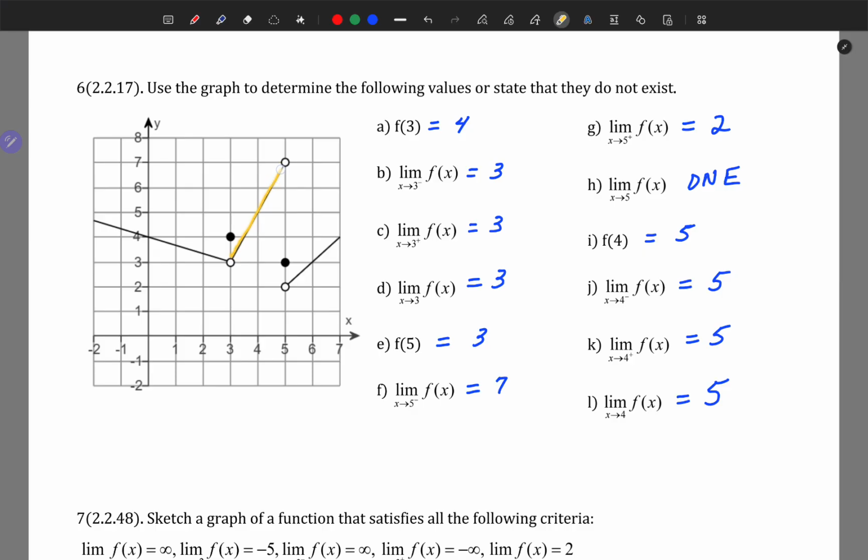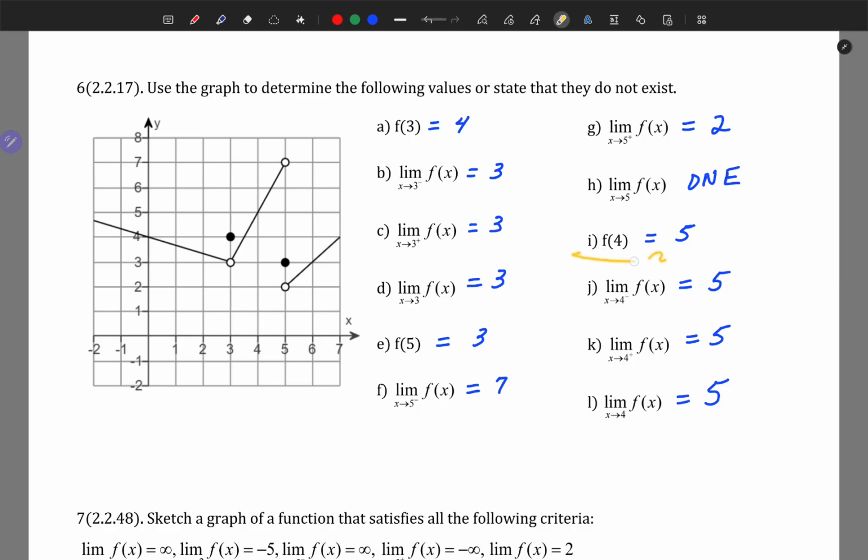And as you get closer and closer to 5 on the left-hand side, your y value is just getting ever and ever closer to 7. As you're approaching 5 on the right-hand side, you're on this part of the function, and the closer you get to 5 on the right, the closer the y value is getting to 2. Since the limit from the left does not equal the limit from the right, that's the reason the overall limit as x approaches 5 does not exist.